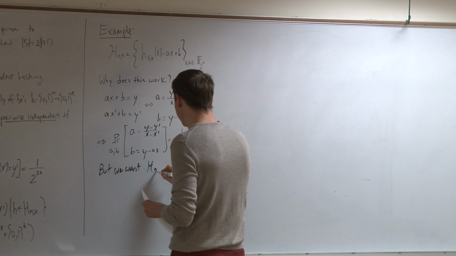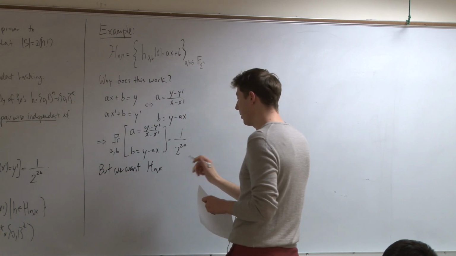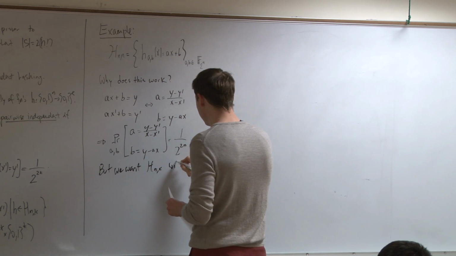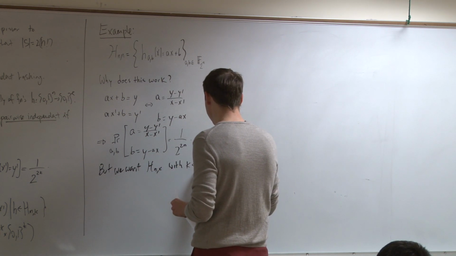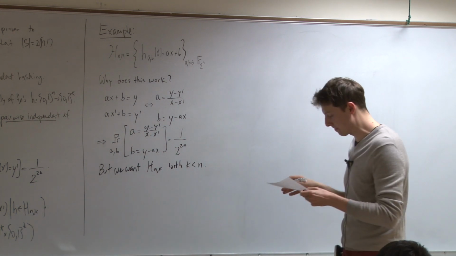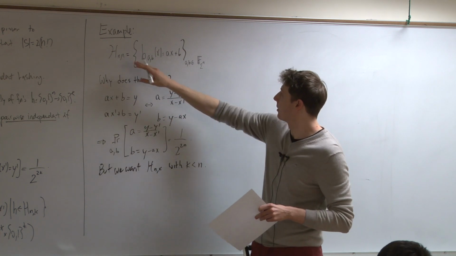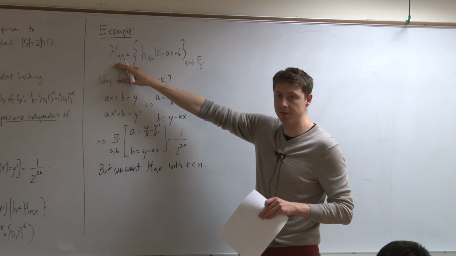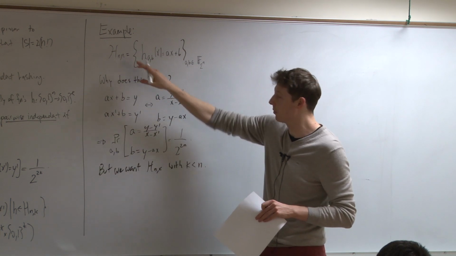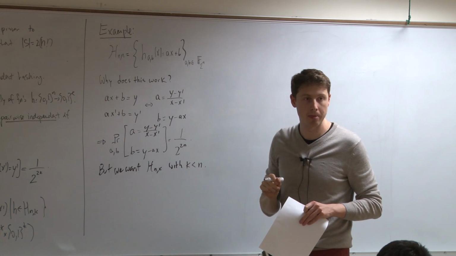What we want is h and k, with the possibility that k is less than n. So are there any suggestions of how we can derive such a family from the one that we just looked at?